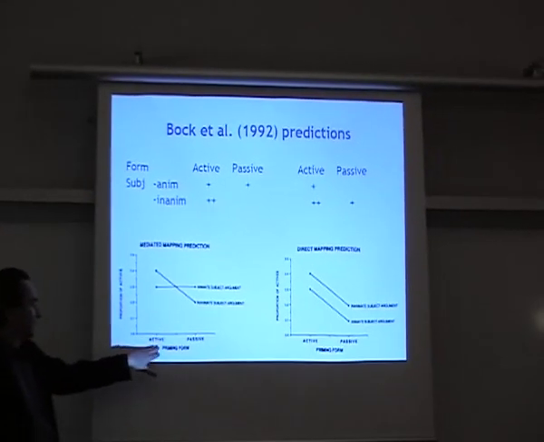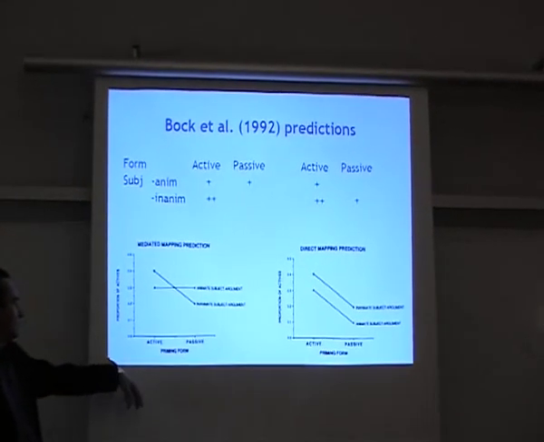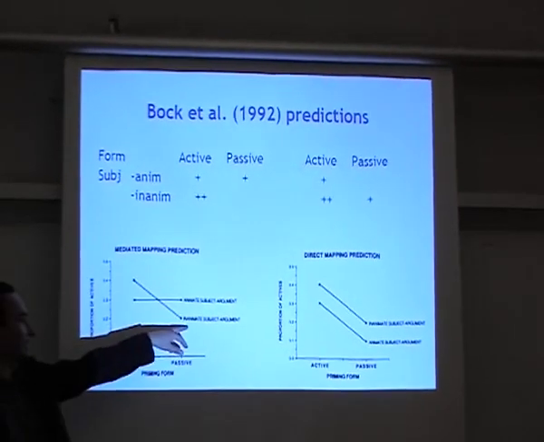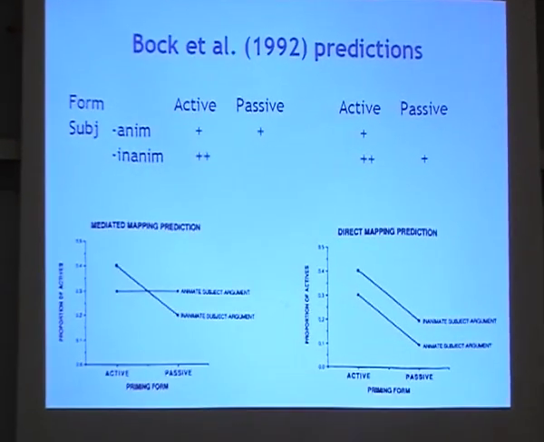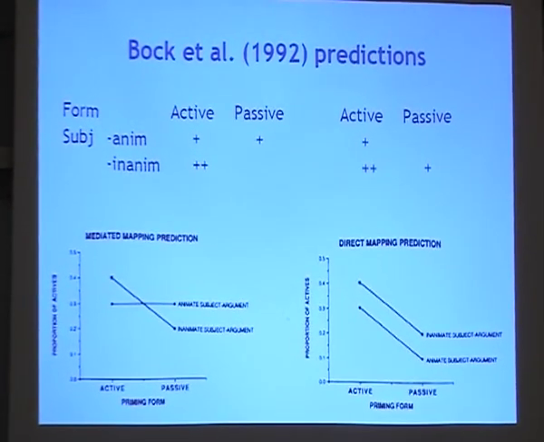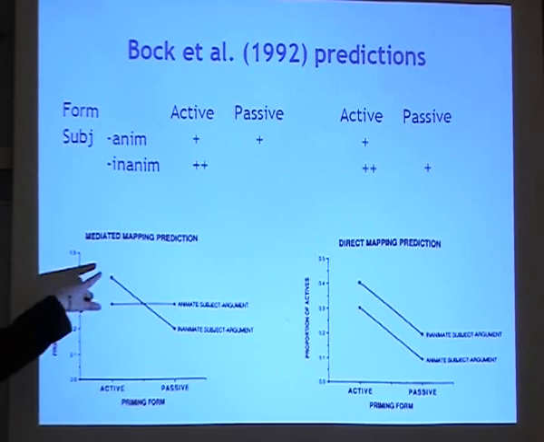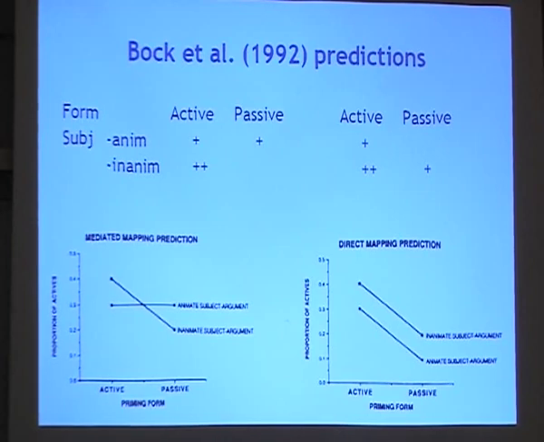If you have an active prime with an inanimate subject, you expect the largest proportion of actives, because this will be completely analogous to the target structure. So your target structure is an active description of an event with an inanimate agent.